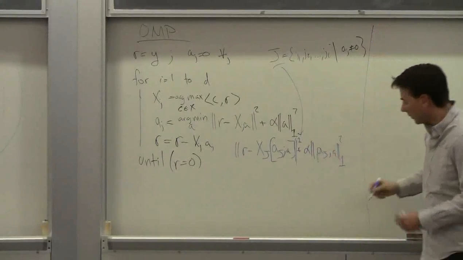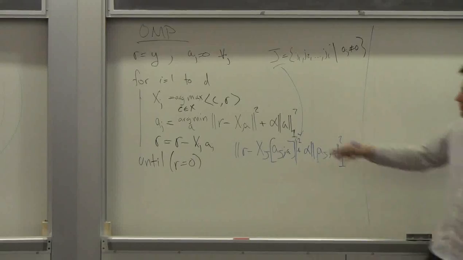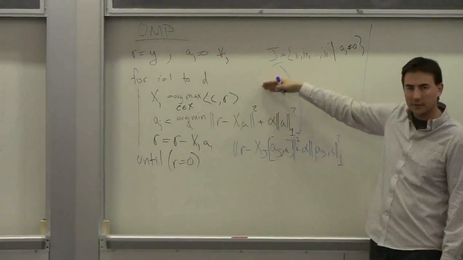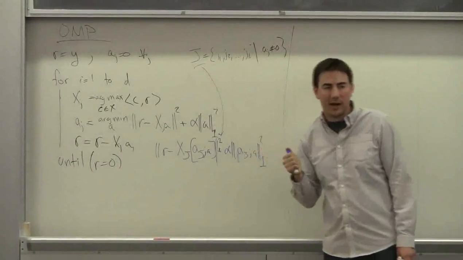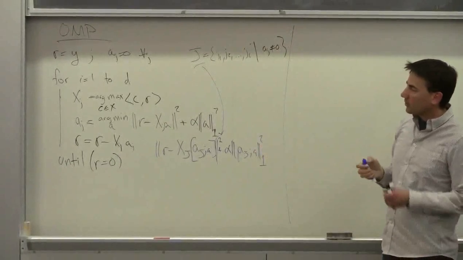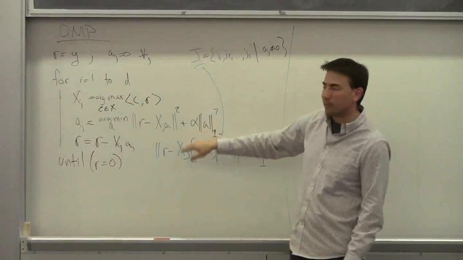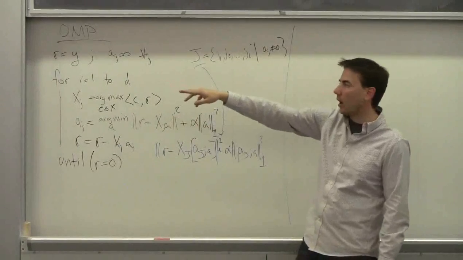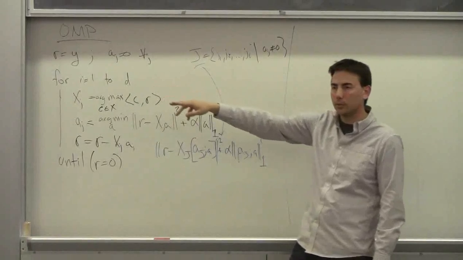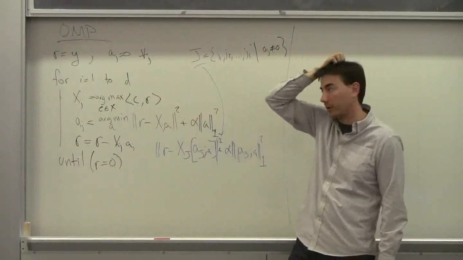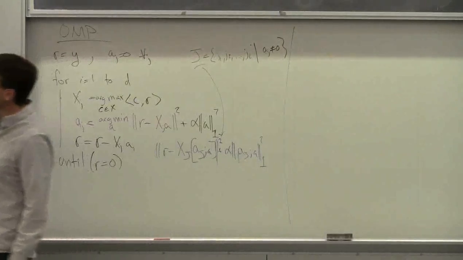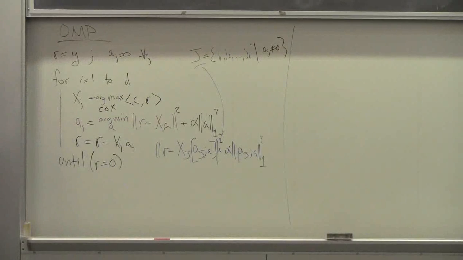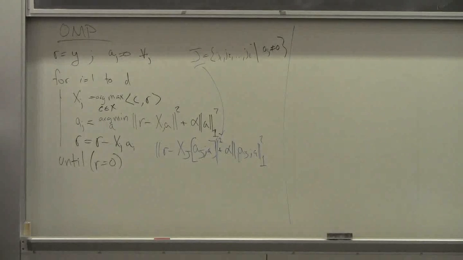So the idea is going to be very similar to this in that I'm going to build up the coordinates that I have one by one. I'm going to add one coordinate at a time. And I'm going to do that by, instead of playing with this alpha parameter, playing with this beta parameter. And what you should intuitively be able to see is that as beta gets larger and larger, my solution is going to get more dense.